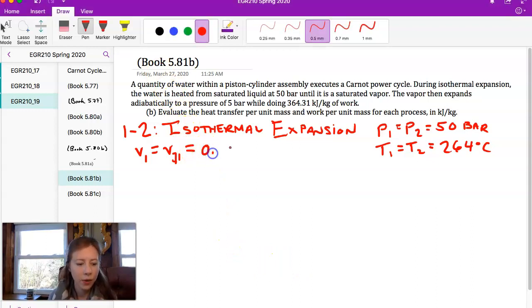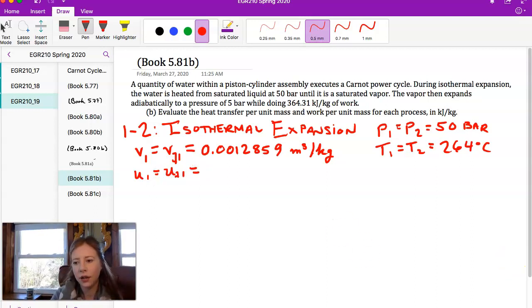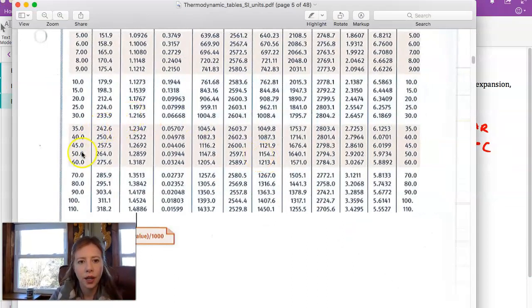This is going to be 0.0012859 meters cubed per kilogram. All right, and so U sub 1 is going to be the same thing for when X is 0, so our liquid side. And so U sub 1 is going to be 1147.8 kilojoules per kilogram.